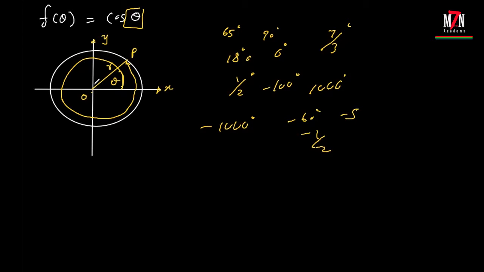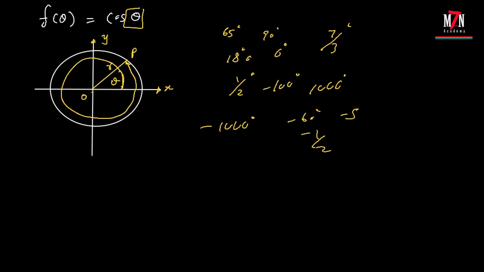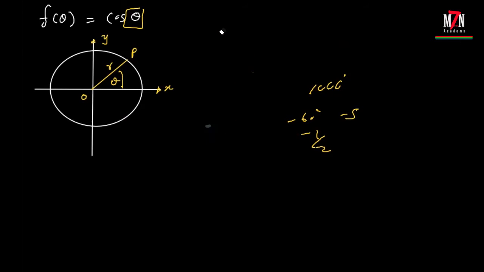Also in the opposite direction you can substitute negative values for theta. So therefore the domain of this function is from -infinity to +infinity.